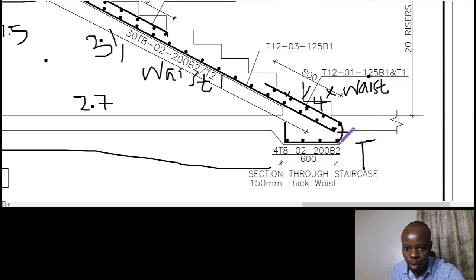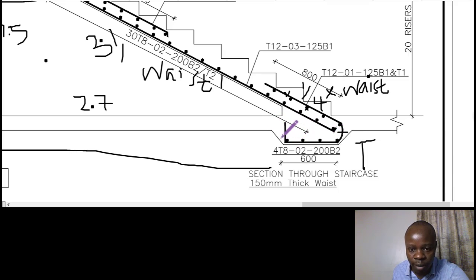When we get here, we need to find also this one, the 600. You know that we also have what we call concrete cover. So we take the total, which is 600, and we less the cover. In this case we'll treat this as part of the slab, and the cover that we're going to allow is 25 millimeters.